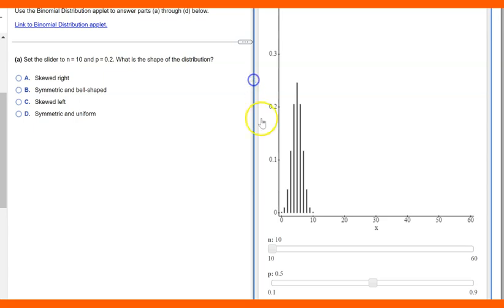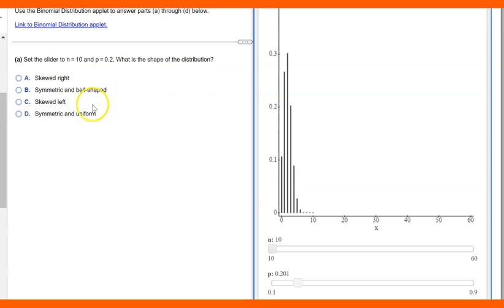Let's slide this to look at the p value. Change it as you slide. Pretty much 0.201 and 0.20 are similar.